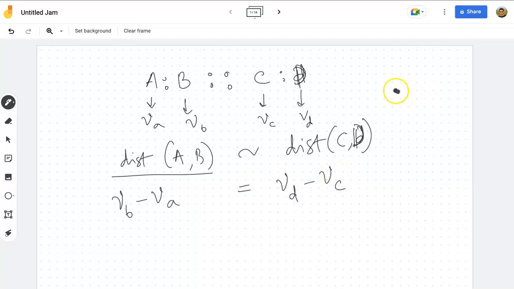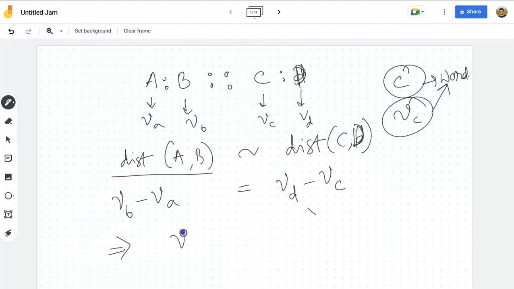But the problem is that we need to find the word C. We know the embeddings, but I want to know the word corresponding to this. Now if we solve this formula, what will we get?